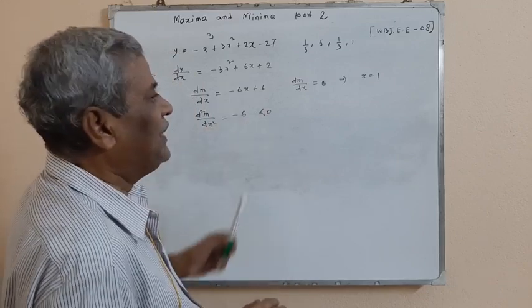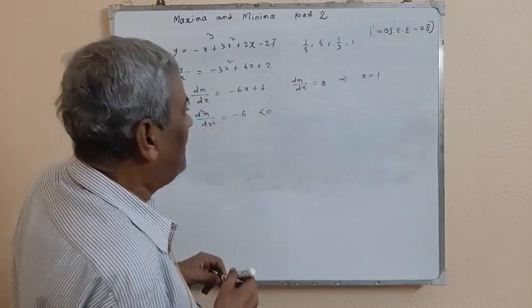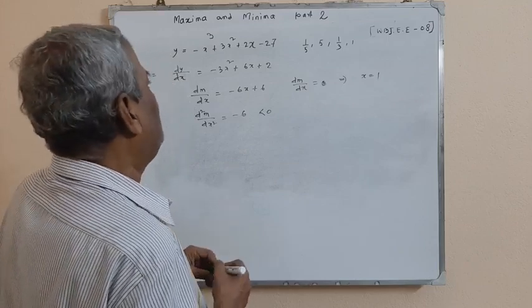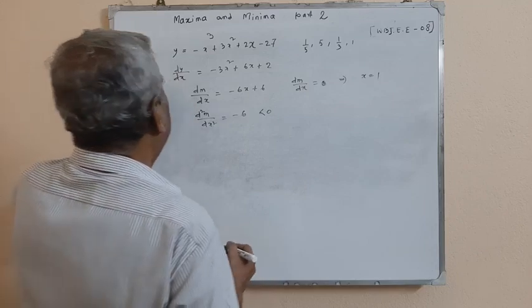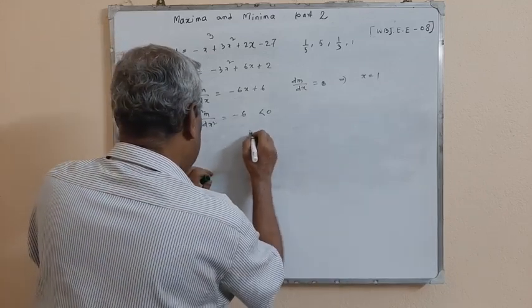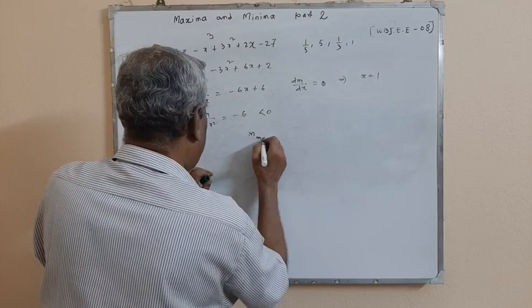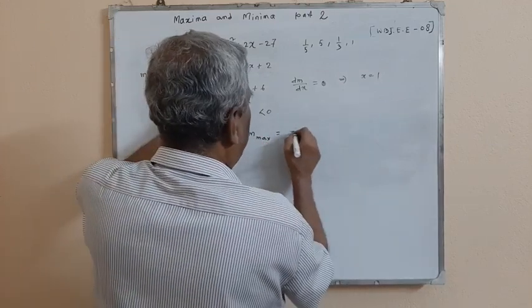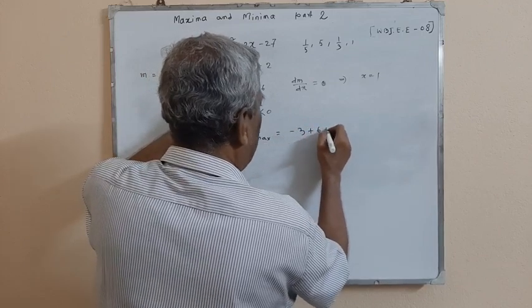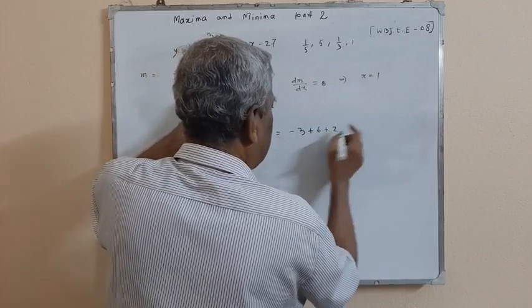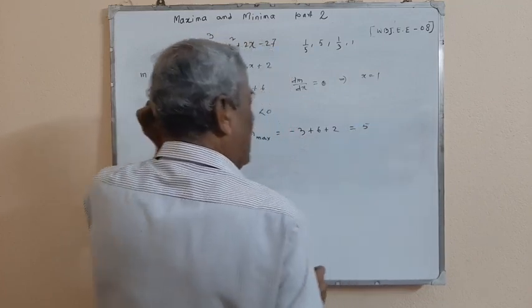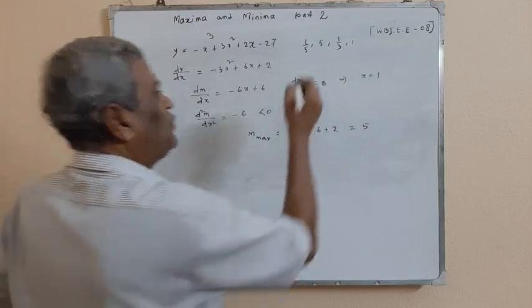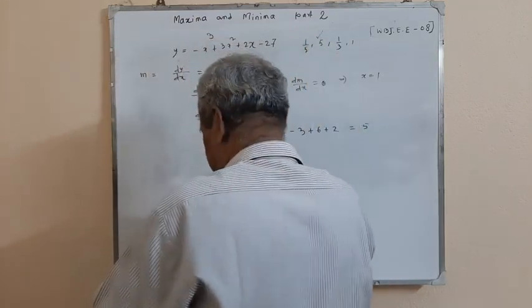So the function attains its maximum value at the point x is equal to 1. And maximum slope, m is slope, m max is equal to minus 3 plus 6 plus 2, that is 5. So 5 is the maximum slope of that curve. So this is answer.